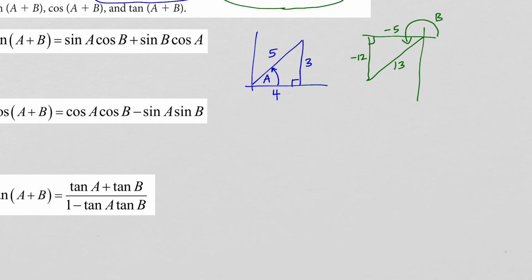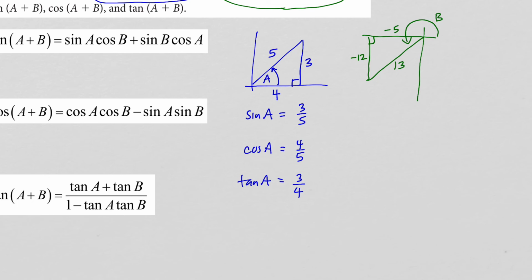Now, once we have these pictures, we can now very easily write down what is the sine of A, what is the cosine of A, and what is the tangent of A, just by looking at this triangle and using SOHCAHTOA, right? So sine of A is 3/5, cosine of A is 4/5, and the tangent of A is 3/4.